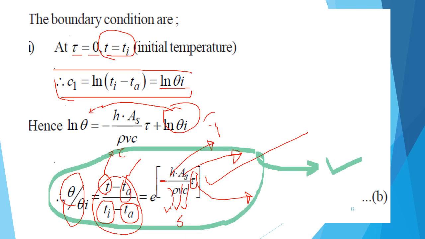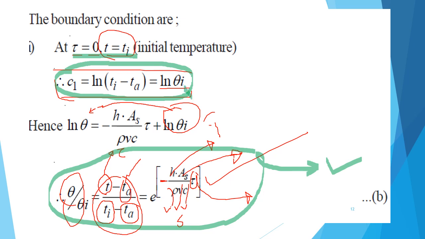Okay, so what we discussed is our initial condition: when time is 0, at that time the temperature is the initial temperature. So when we put the value, we get C1, the integration constant, equal to ln of Ti minus Ta, that is equal to ln theta i.